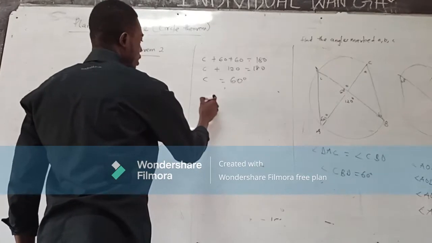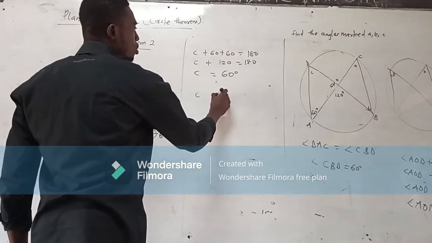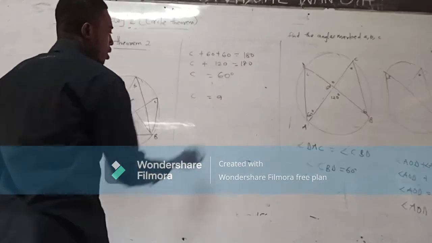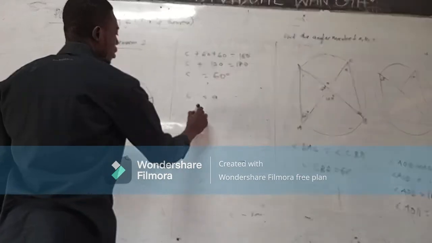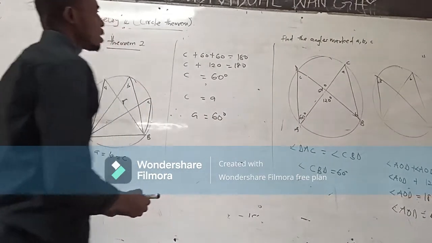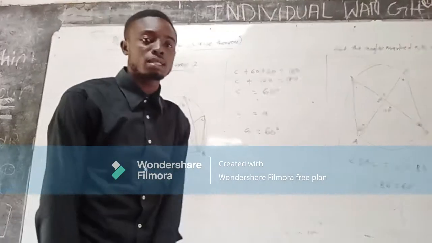So C is equal to A. Therefore A is equal to 60 degrees. So that is rule number 2 and how we apply it.